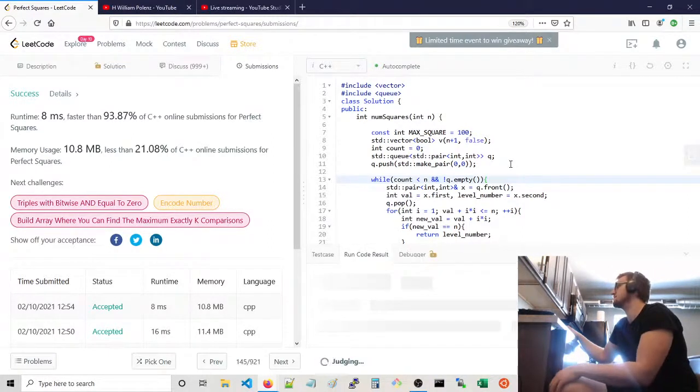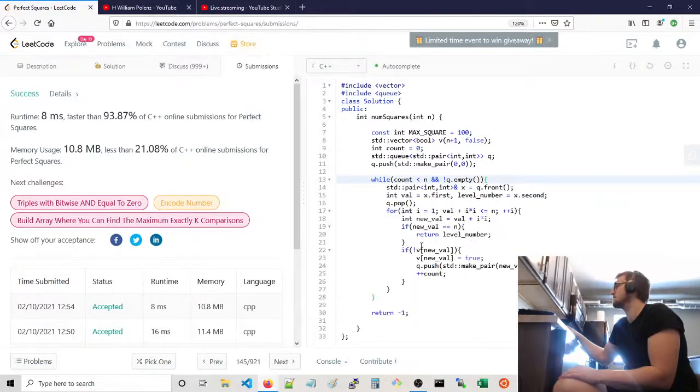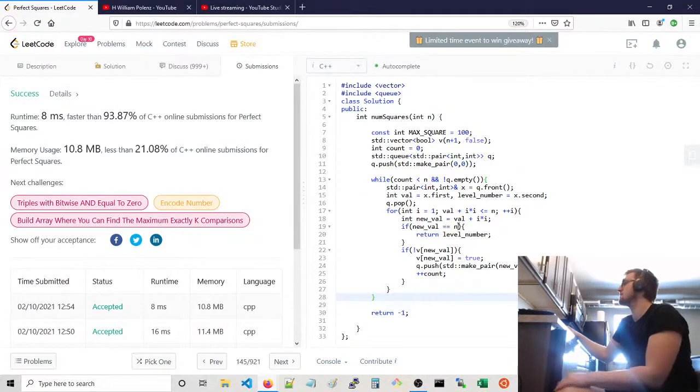Does this compile? Wrong. Oh, nice. It's off by 1, right? I think so. Why is that?